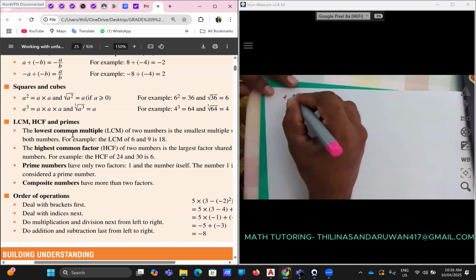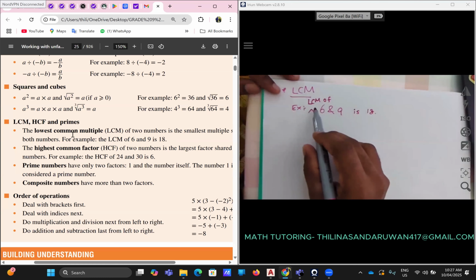From the given example, we can see 6 and 9. The LCM of 6 and 9 is 18. What does that mean?